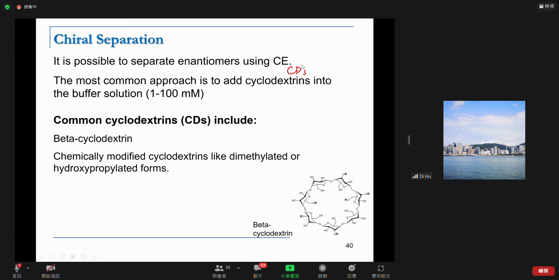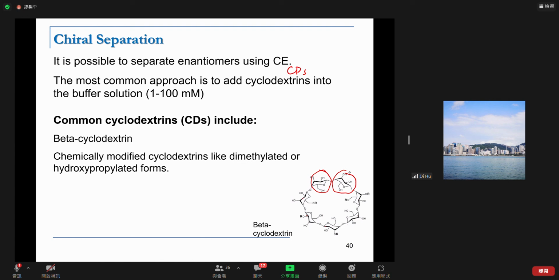They are oligosaccharides. This one is a single saccharide sugar compound, and actually we call those polysaccharides. A number of them are combined together, so they form that cyclic one.